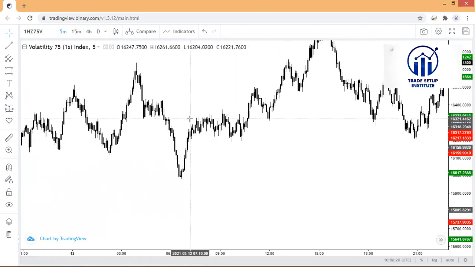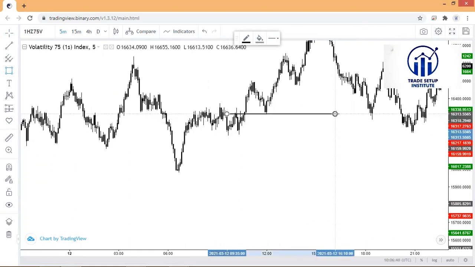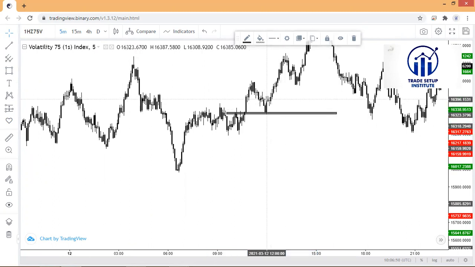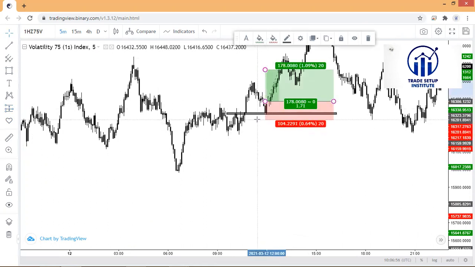Entries now. Boom! Look at that entry. It was beautiful, man. God, who doesn't love this? Oh yeah, oh look at that. Look at that. Alright, stop loss below structure.